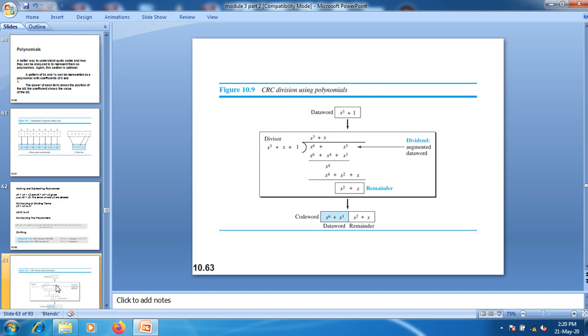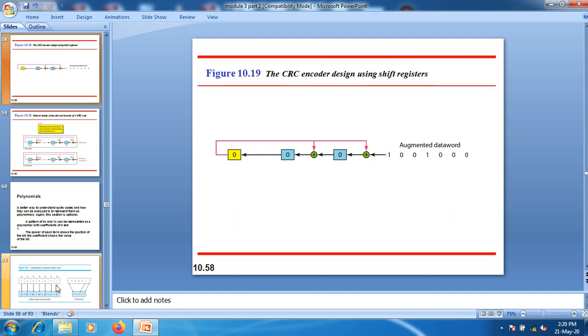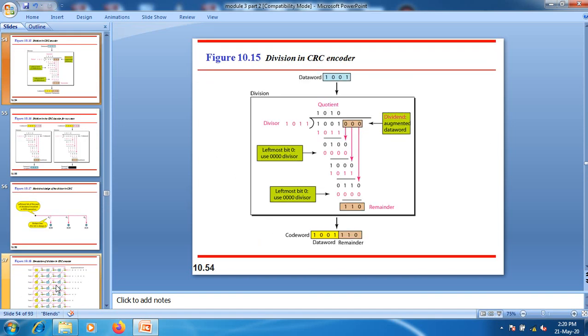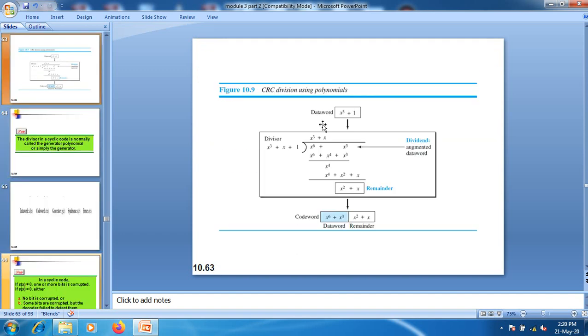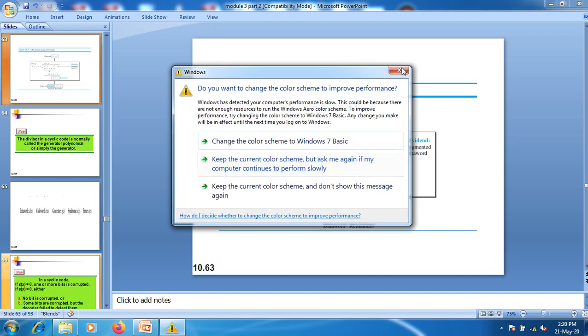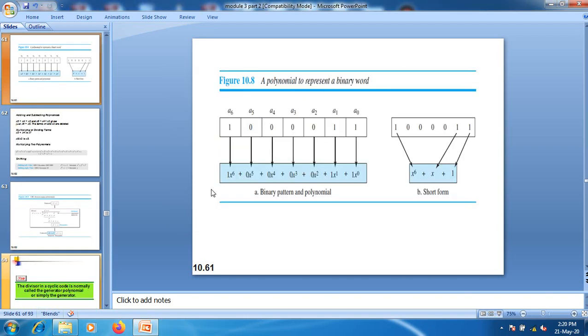In the previous example we used this particular term, that is, the data word 1001 and the divisor value 1011, and these two terms are represented using a polynomial expression here. x to the power 3 plus x plus 1 is the divisor value, and this is the augmented data word we have.